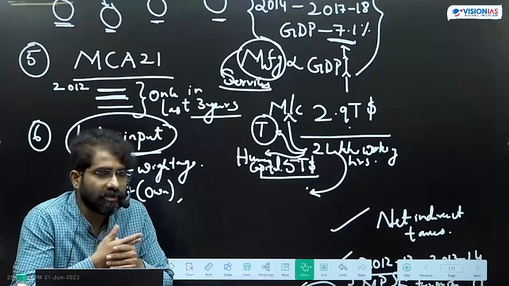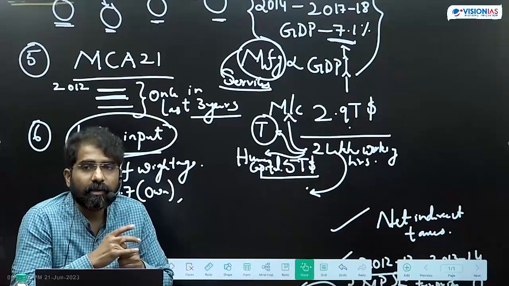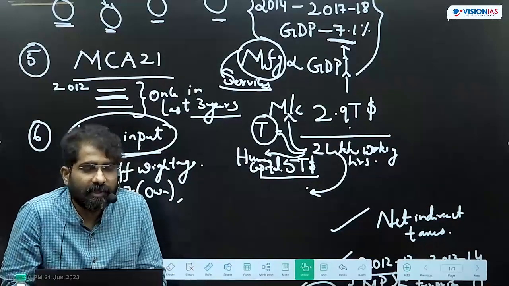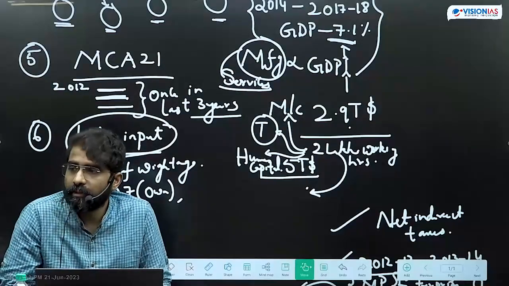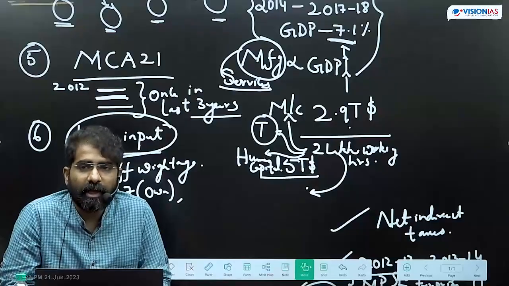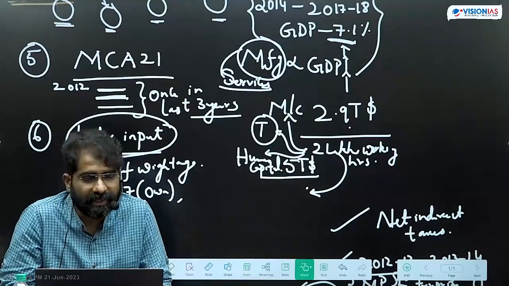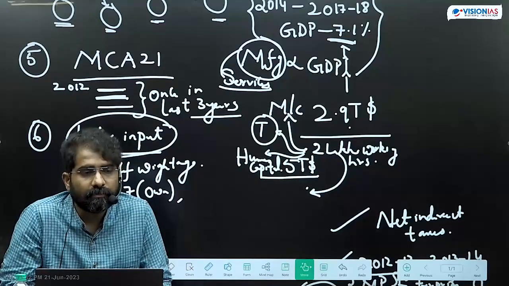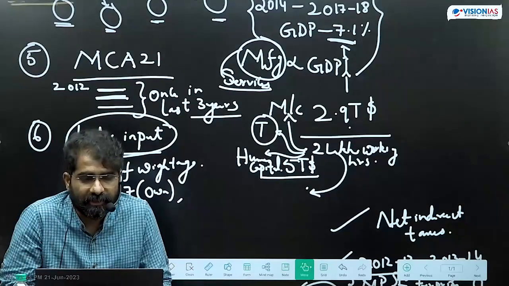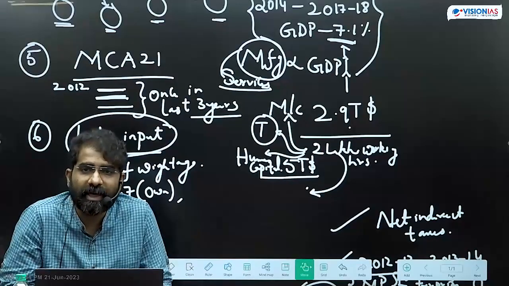Write down: post 2015, following international practice, GDP at market prices, and also a sector-wise estimate of GVA at basic prices, is calculated.